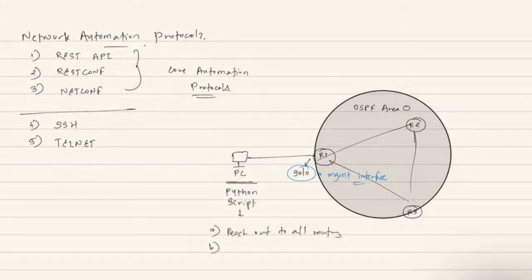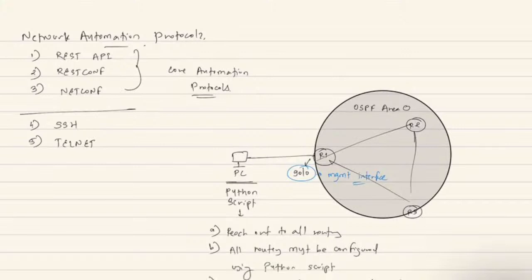Second thing is, all routers must be configured using the Python script, and domain-specific communication must be established.